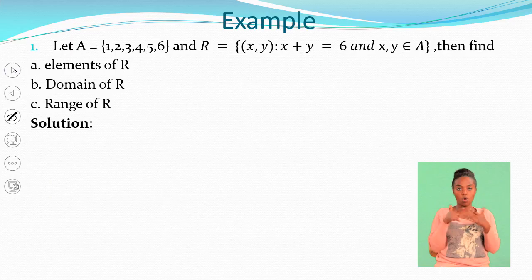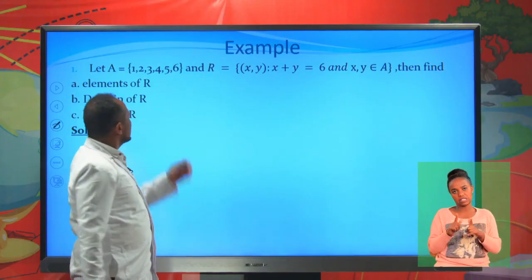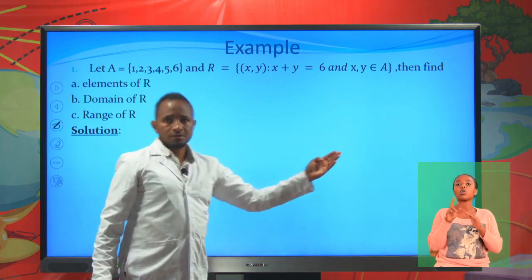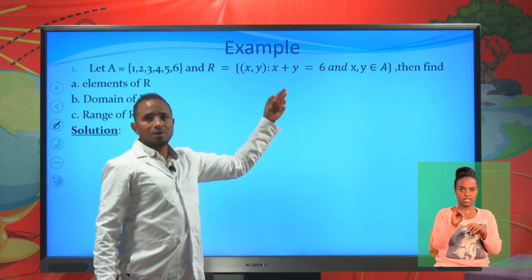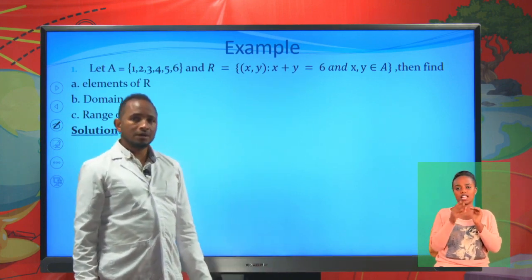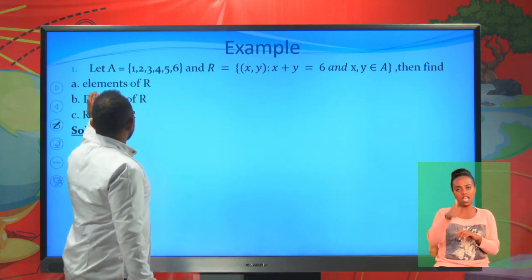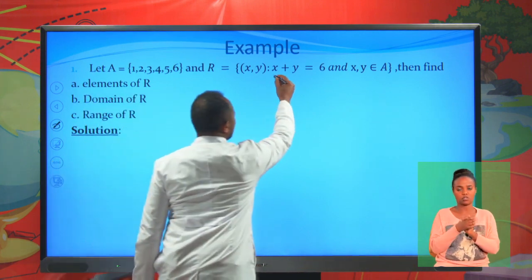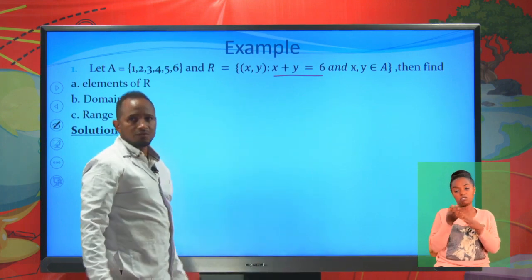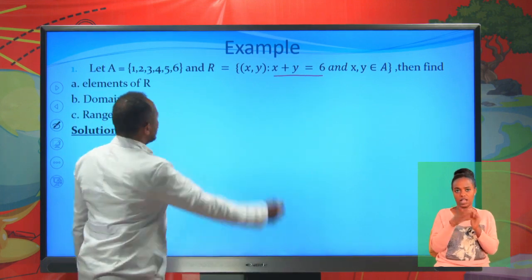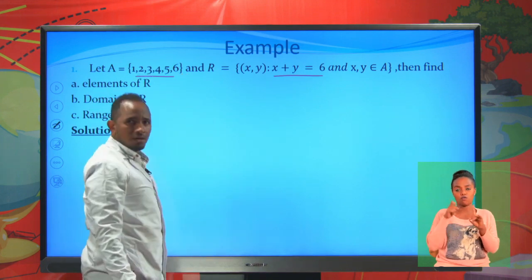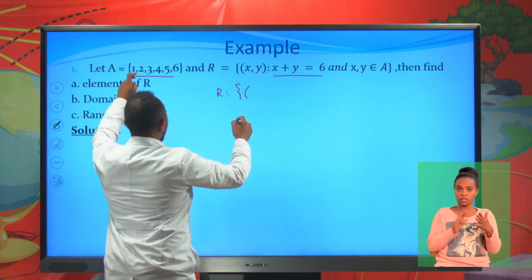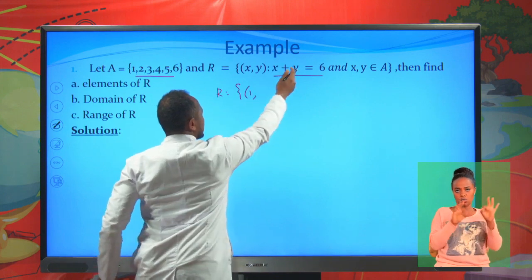So now let's see an example. Let A be {1, 2, 3, 4, 5} and R a relation of (x, y) such that x plus y is 6, where x and y are taken from A. Then find the elements of R. The relation is defined by the formula x plus y equals 6, and x and y must be taken from the set A. To list the elements of R, if you take 1, y must be 5.